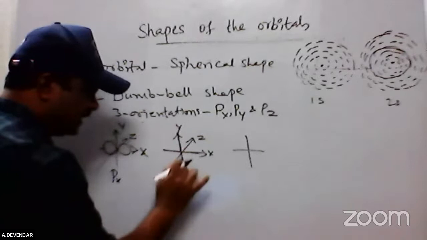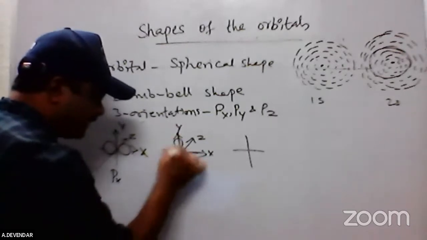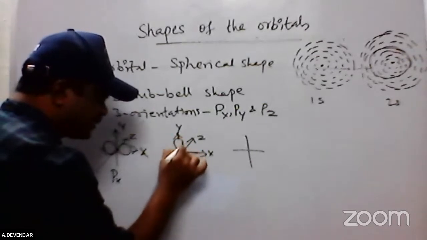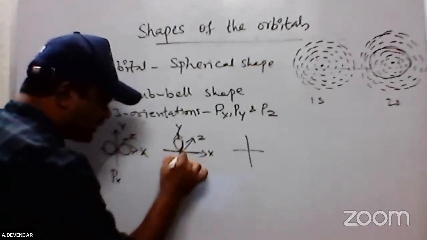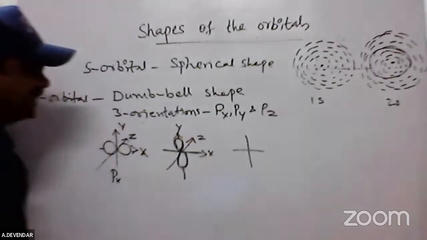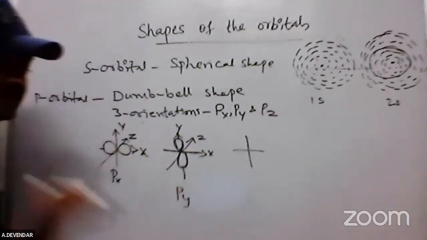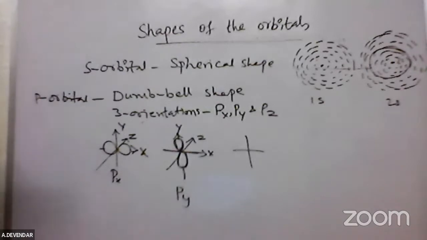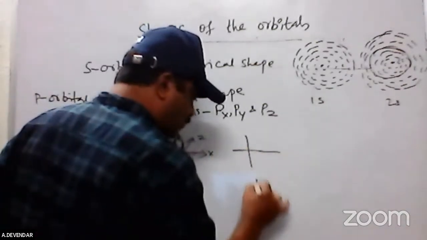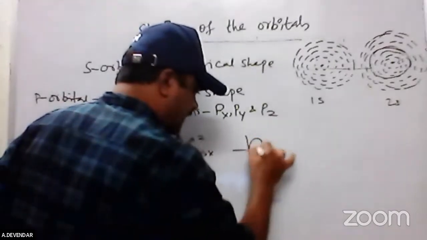Okay, friends, on the y-axis a dumbbell is present. See these two dumbbells, the lobes are identical. This is called py. See how easy it is to draw in the examination. Why? Because it is a 5 marks question. Next is the z orbital, that means pz you want. This pz is like this.